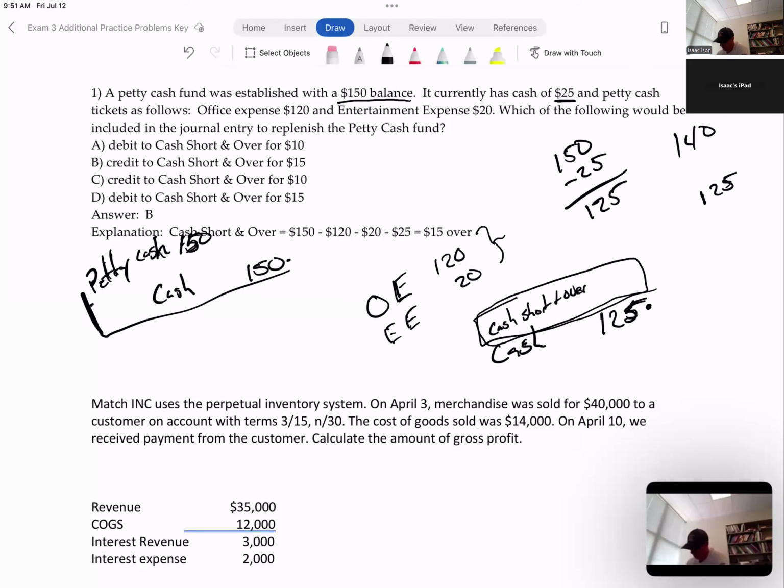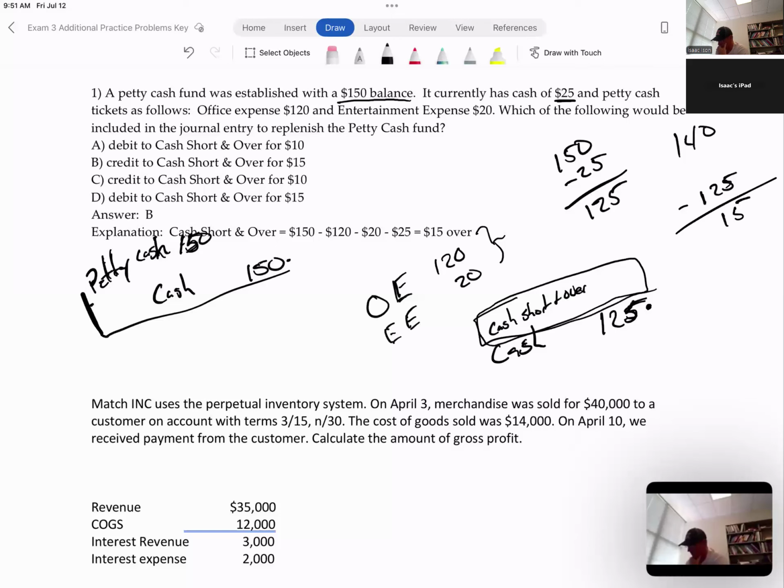You just put both in. If you have 140, the logic is: what is the difference between those two? That's what the cash short and over is. 140 minus 125 gives you 15.